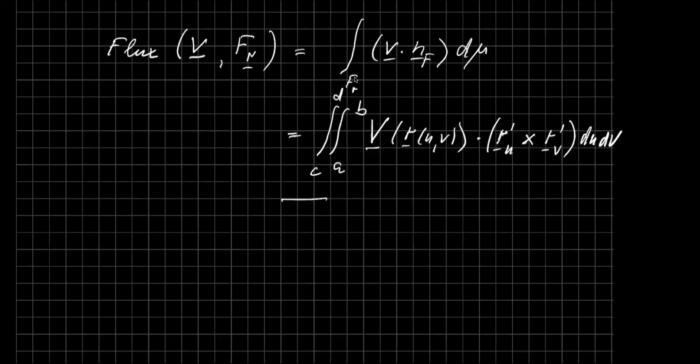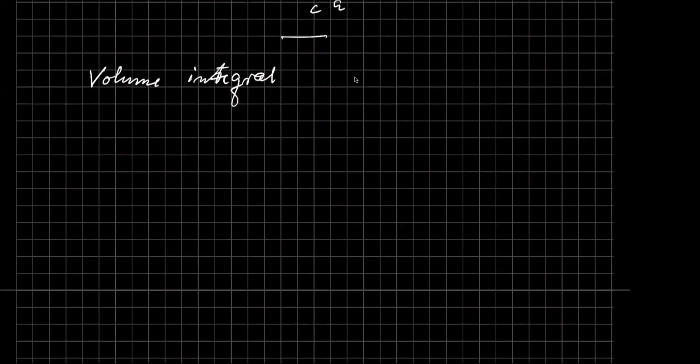Further on, I would like to introduce to you the volume integral, or introduce this repetition. And in the volume integral, you have three parameters in order to describe your volume.